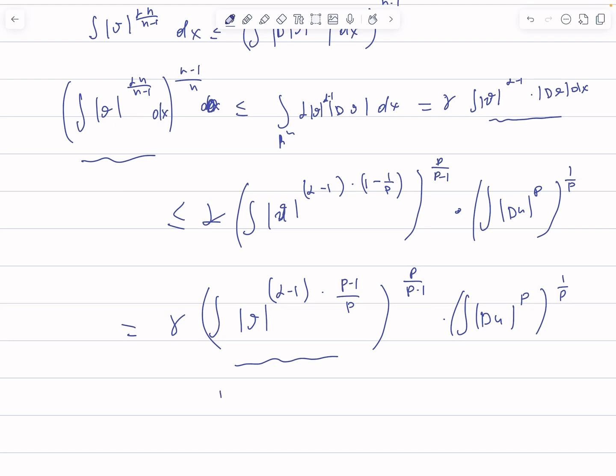So the most suitable lambda should satisfy lambda minus 1 times p divided by p minus 1 equal to lambda n divided by n minus 1.